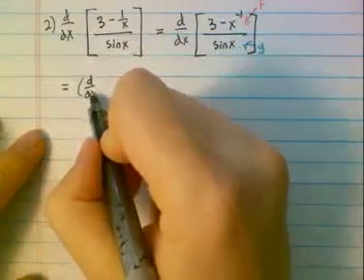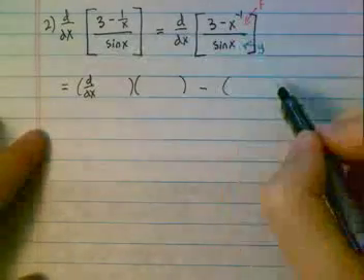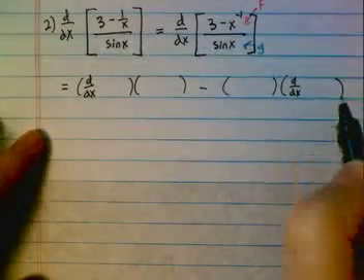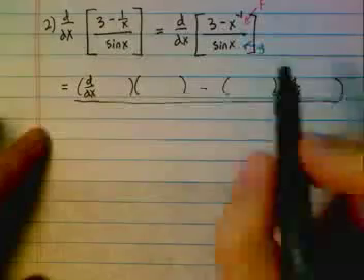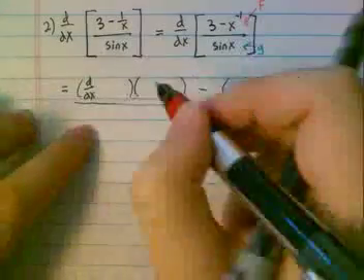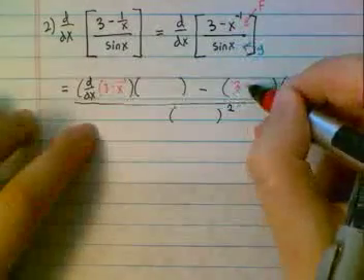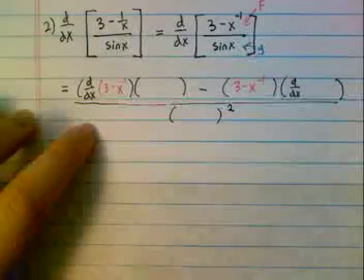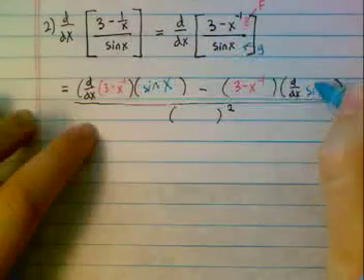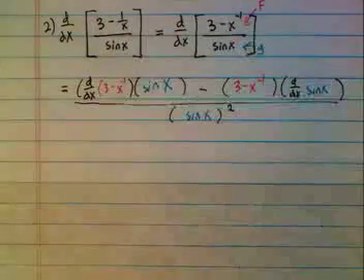We're going to have f prime g minus f g prime, all over g squared. So this is 3 minus x to the negative 1, sine x.